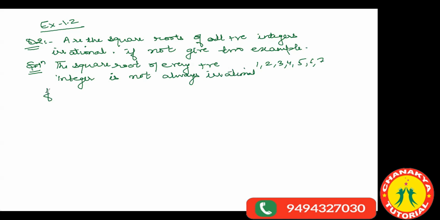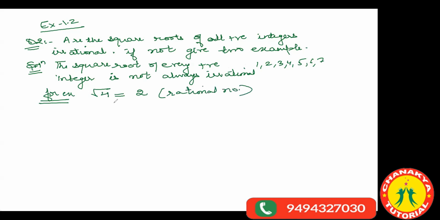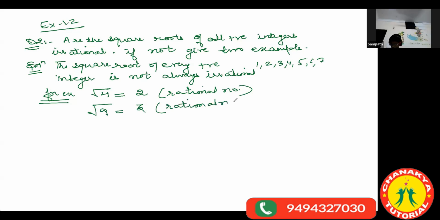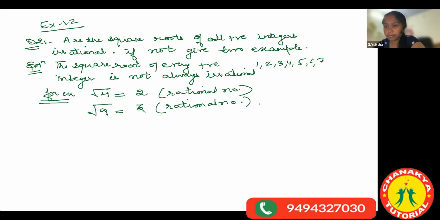For example, suppose if I am calculating square root of 4 and it will be equal to 2, now that is a rational number. Clear, beta? In this way, if you are calculating for root 9, so it will be 3 only, which is again a rational number. Clear, beta? Yes, ma'am. How to express your reasons?